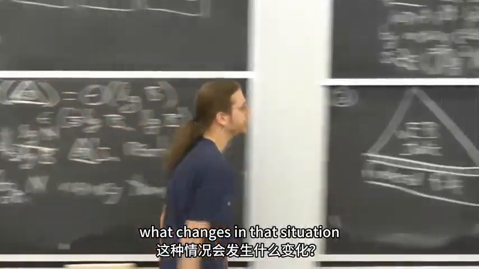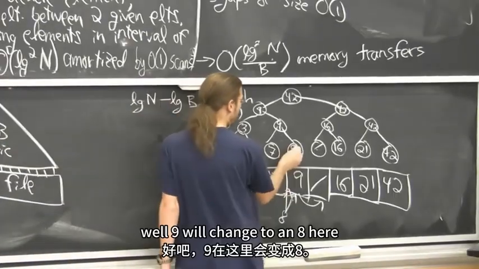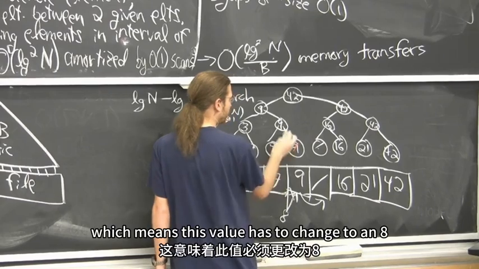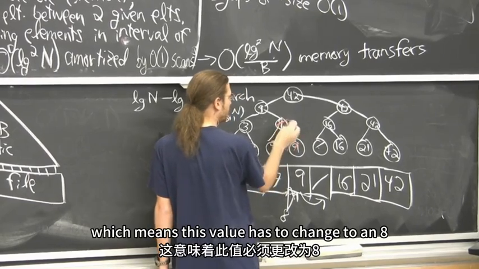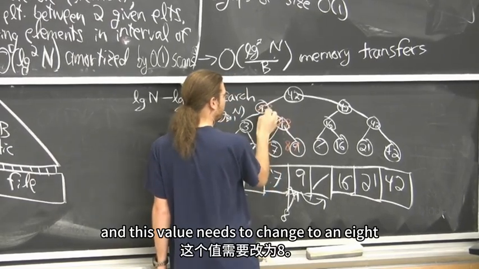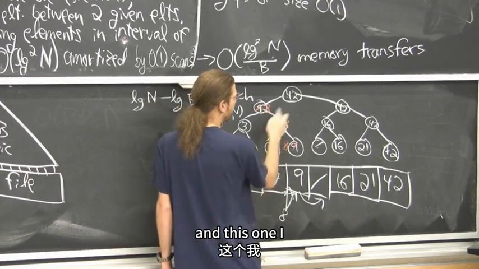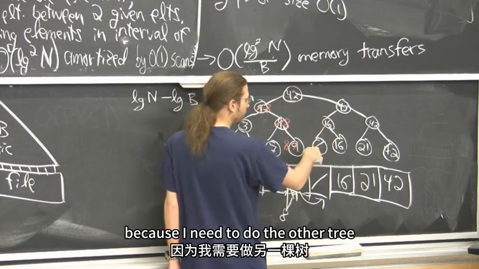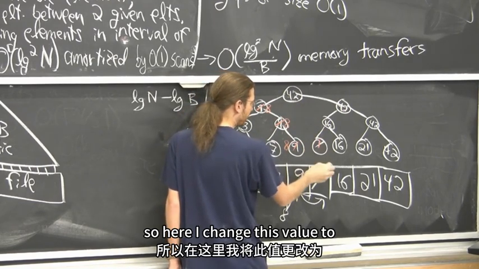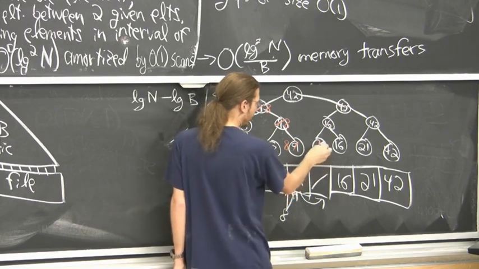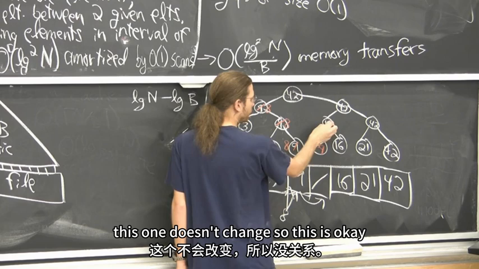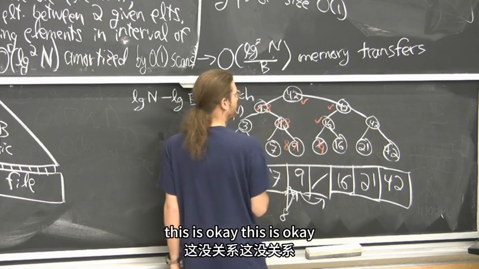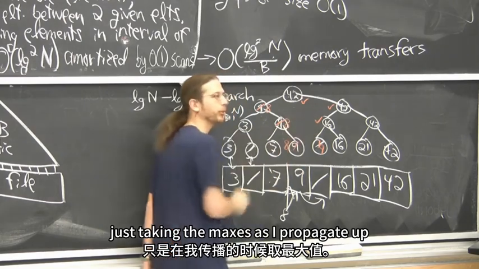What changes in that situation? Well, 9 will change to an 8 here, which means this value has to change to an 8, and this value needs to change to an 8. And this one I can't quite update yet because I need to do the other tree. So here I change this value to 9. This one doesn't change, so this is okay, this is okay, this is okay. Just taking the maxes as I propagate up.